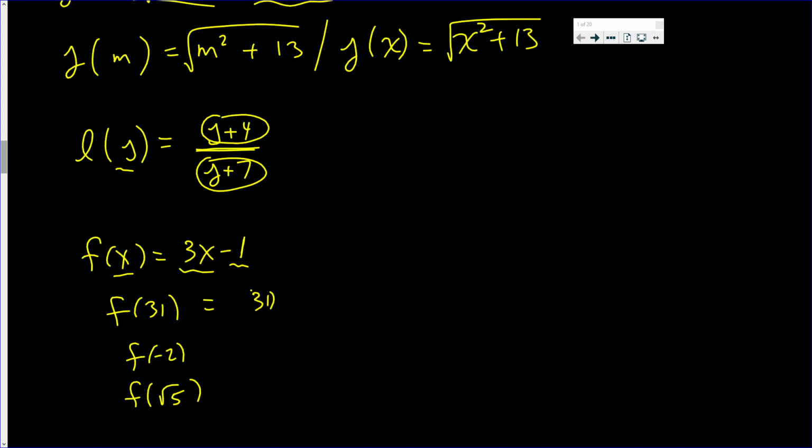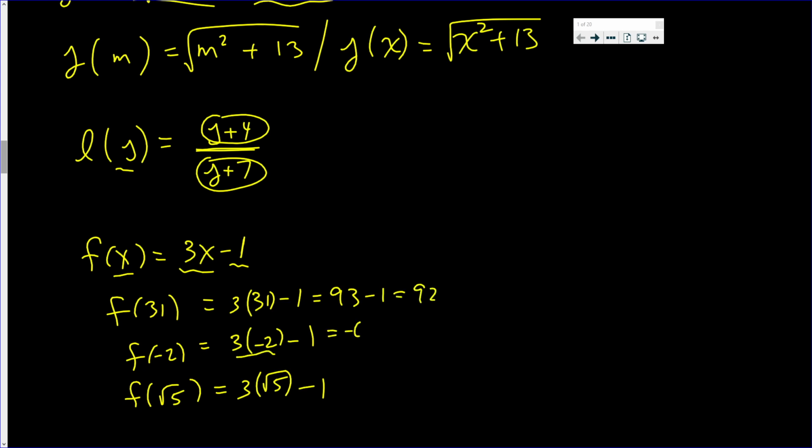You denote that what's in the brackets is being multiplied by 3 and then having 1 taken away. Now math. 3 times 31 is 93 minus 1, which is 92. 3 times negative 2 is minus 6, minus 1 more is negative 7, and here you just get 3 radical 5s minus 1.